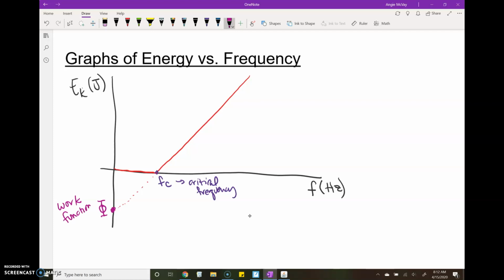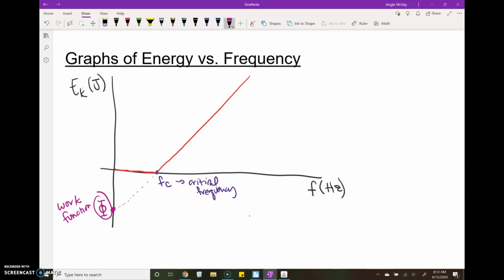Okay, it tells us how much work or how much energy is required to get that electron out of the material. So how much work is required by a photon to liberate the electron from the material that it's bound to. Okay, so it's almost kind of like digging an electron out of a hole before it's able to have any kinetic energy of its own.